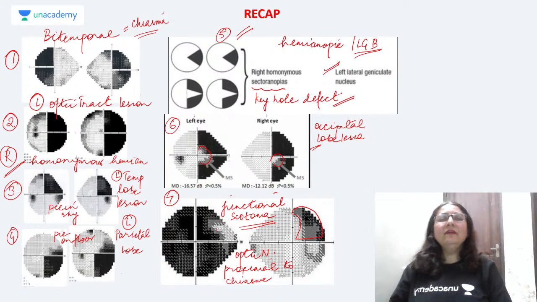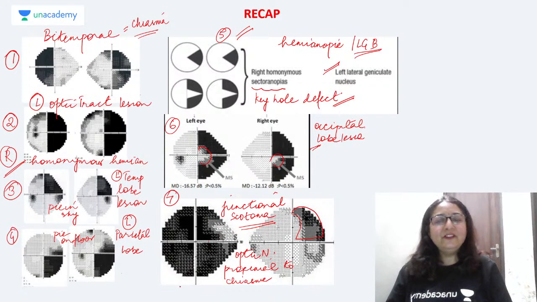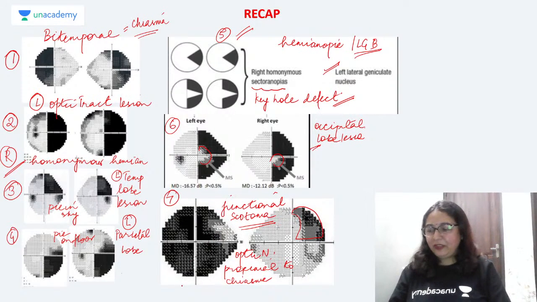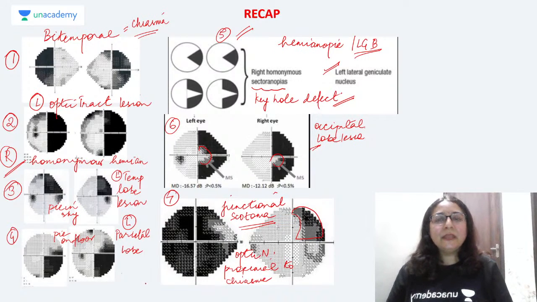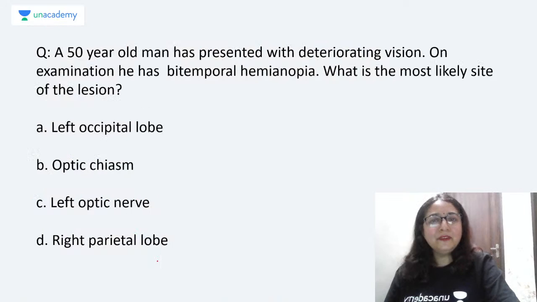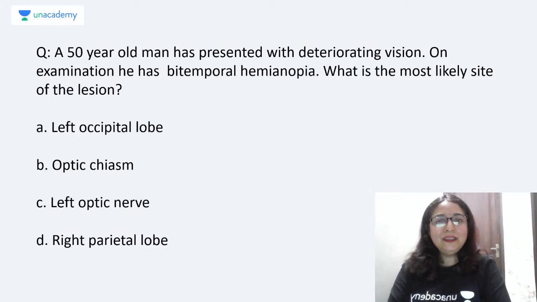So keyhole field defect is seen in lesions of the lateral geniculate body. I'm sure this slide has now summarized the different types of field defects we see and which lesions are responsible for them. Okay, now let's go through a few MCQs so that we apply the knowledge we have just learned.